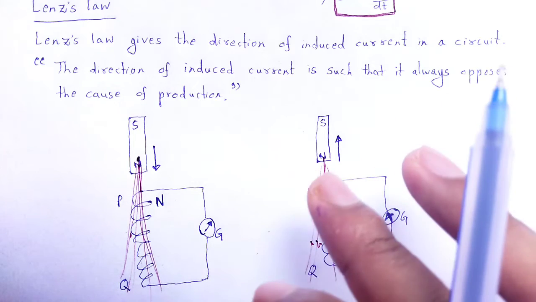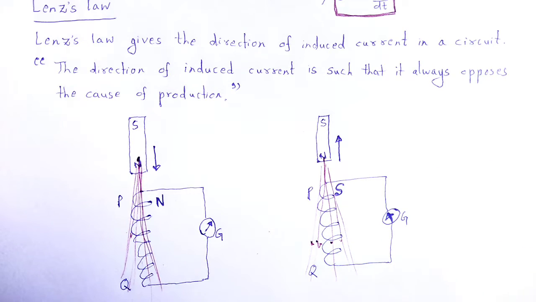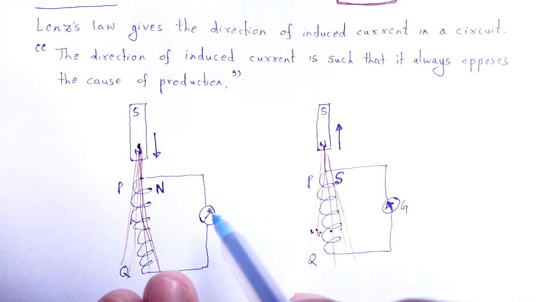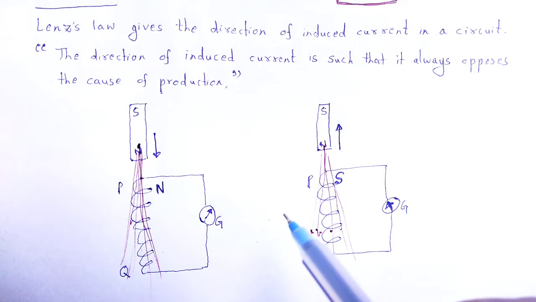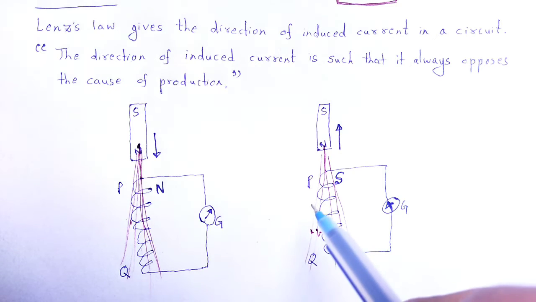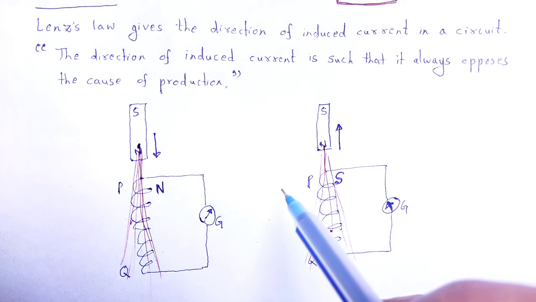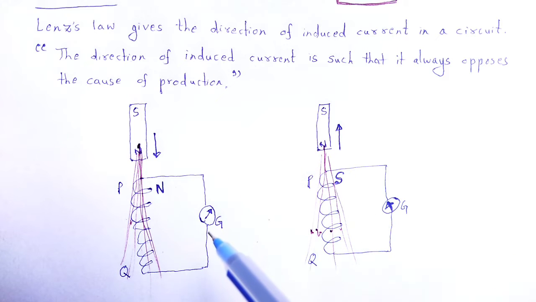So, from these two results we come to the conclusion that the induced currents are produced in such a direction which gives rise to such polarities at point P that oppose the motion of the magnet, which is the very cause of production of that induced current.